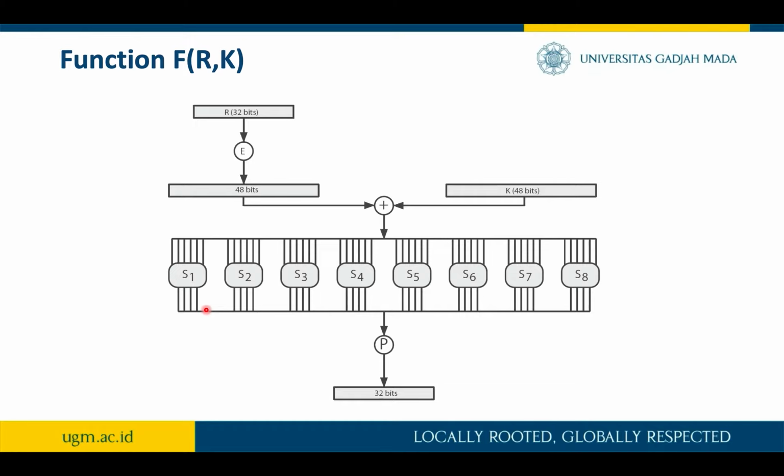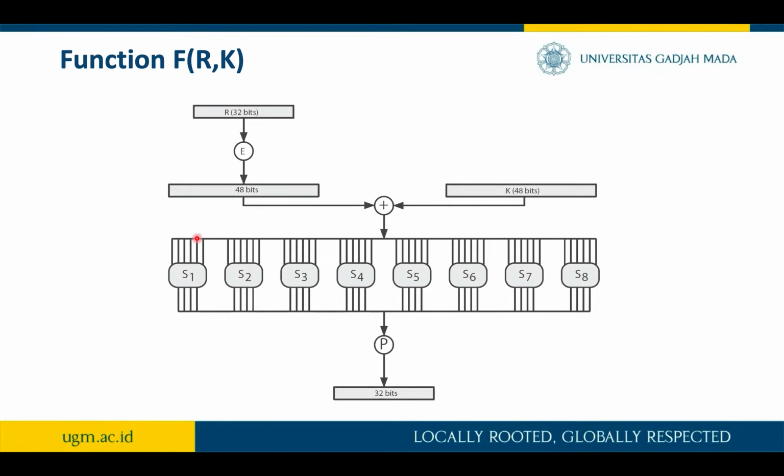In this case, we have to use S boxes. We group the bits into groups of 6. So we will have 8 groups. For each group, we use a different S box.